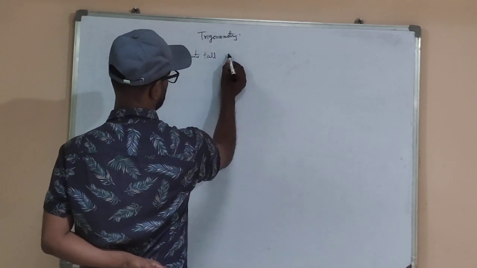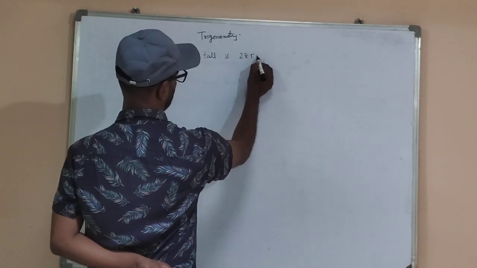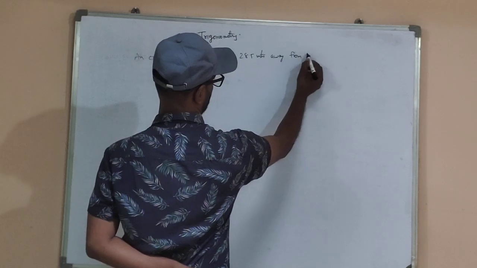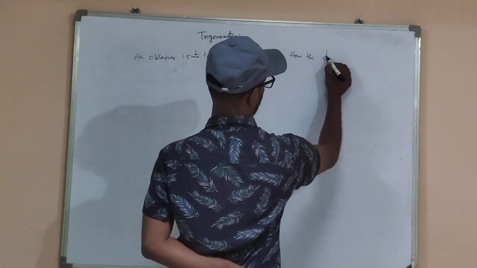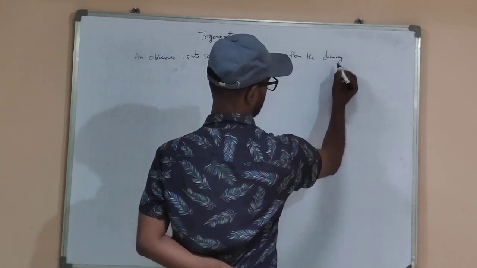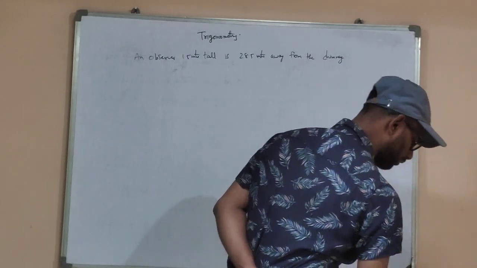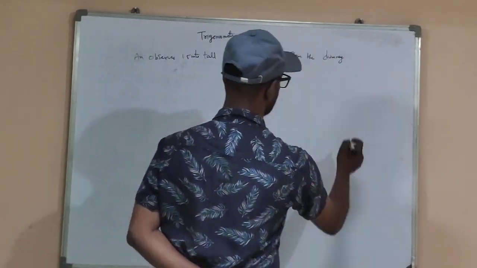The angle of elevation of the top of the chimney from her eyes is 45 degrees.